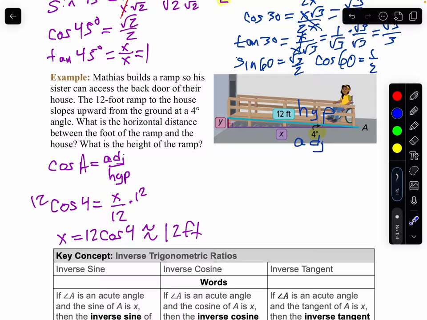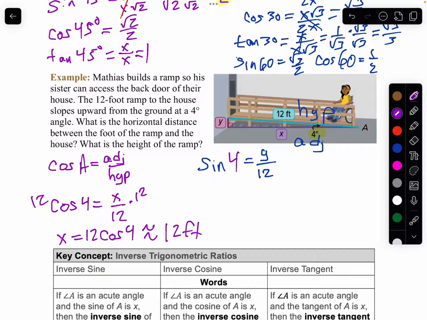So let's use sine. The sine of angle A is the opposite, which is y, over my hypotenuse, 12. Let's put in 4 right away, so the sine of 4.